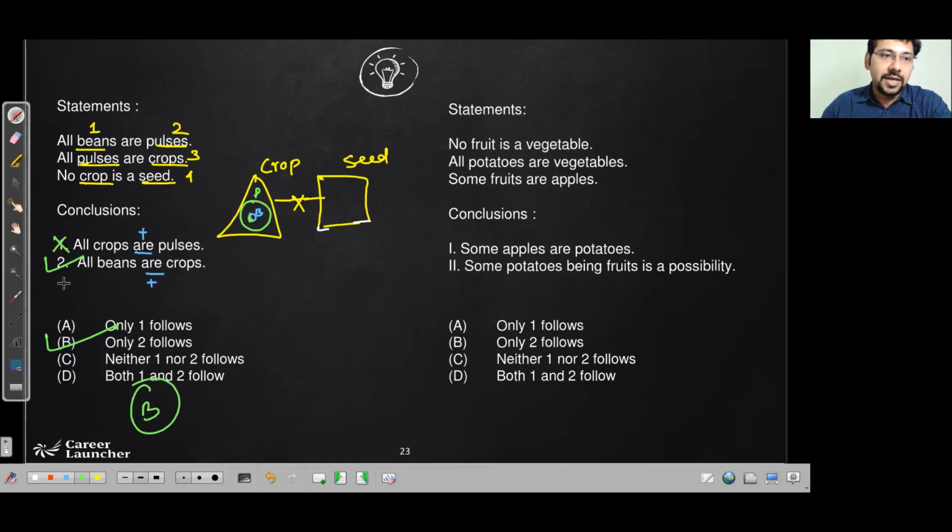However, if I would have written a third conclusion here and said something like, some pulses may be seeds, please remember, this would have been a wrong one, because whatever happens, not even a single possibility, pulse can be maximum till crop and no crop is a seed, right? So even in possibilities, pulses are not going to touch seed.